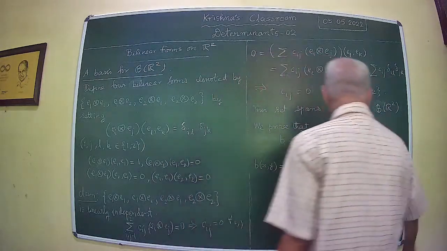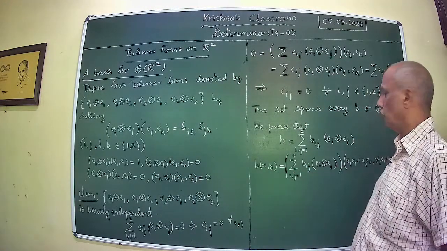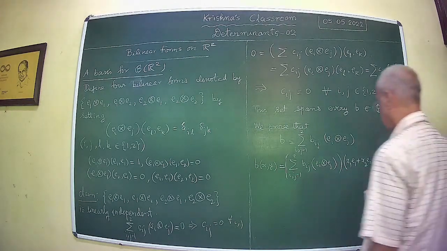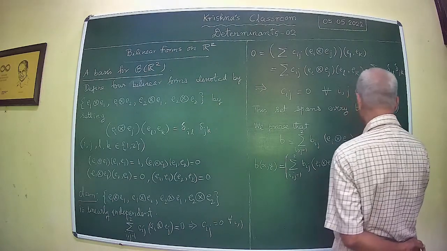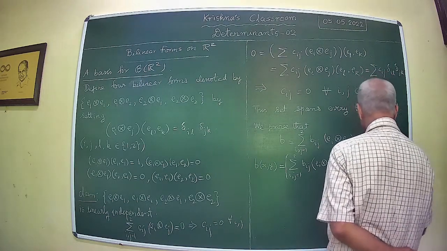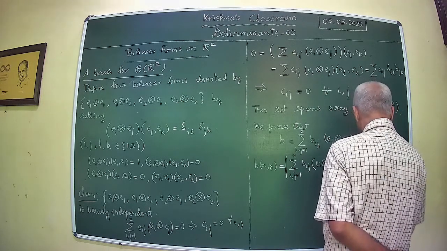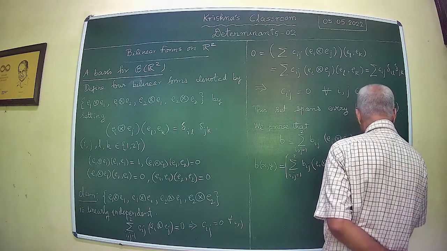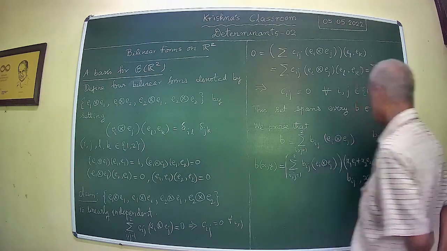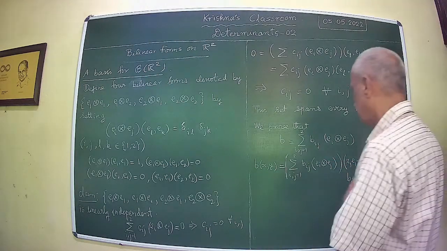So also y1 e1 plus y2 e2 represents uniquely y. That means these scalars x1, x2, etc., y1, y2 are determined. So B_ij x1, x2, this is uniquely determined. Now if you evaluate this, what will you get?